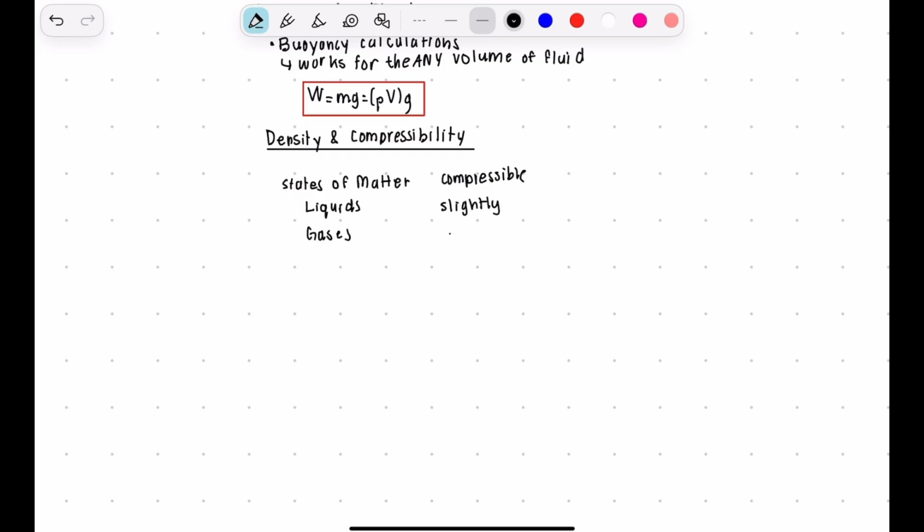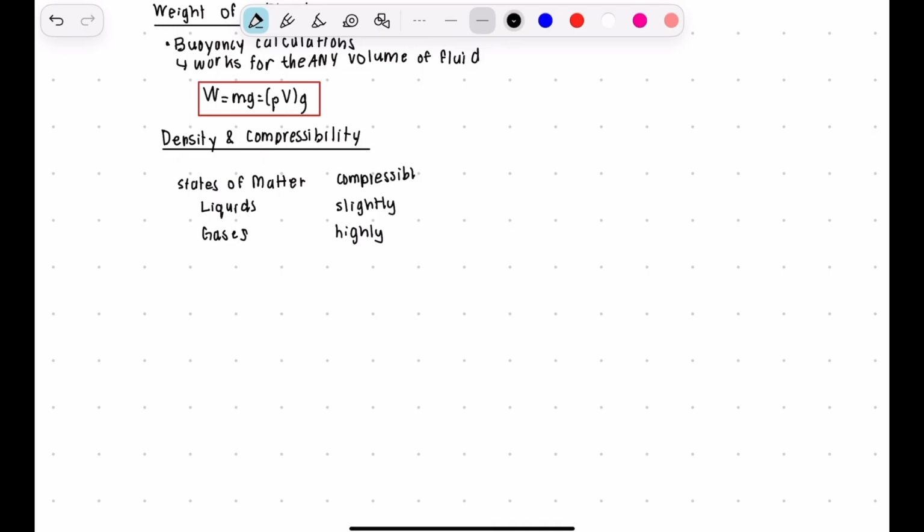Gases are highly compressible, therefore making the density approximately constant for liquids and dramatically variable for gases.